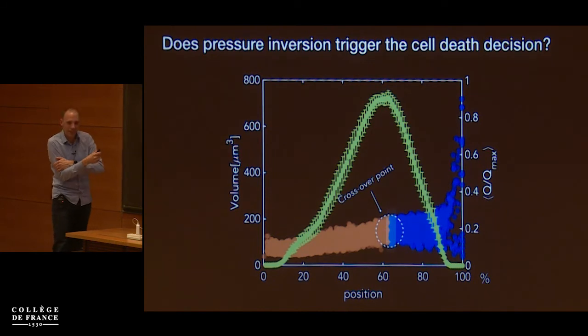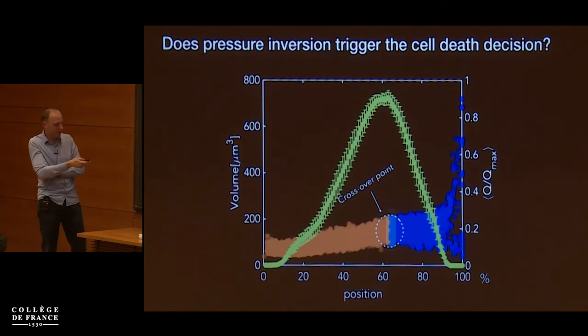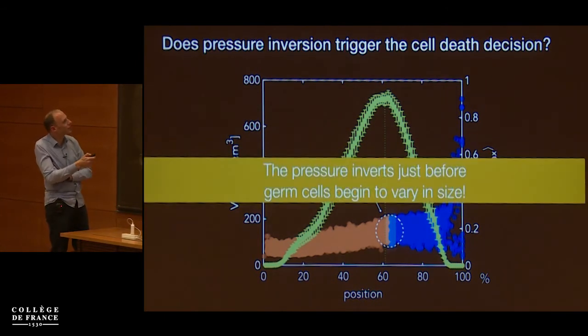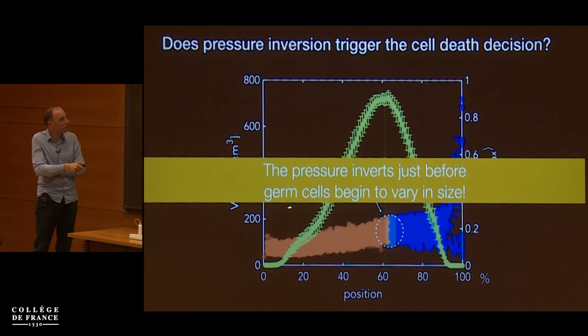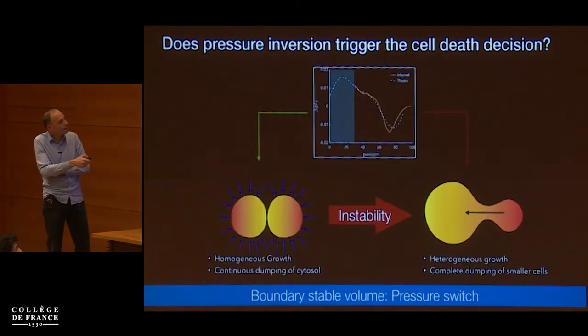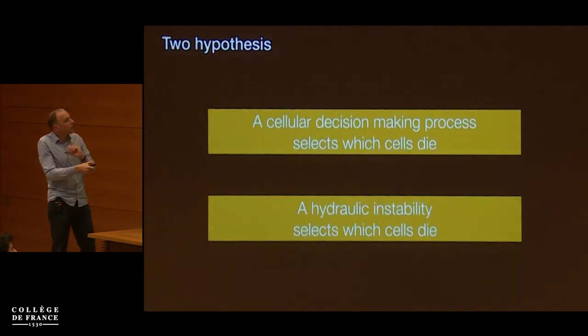Precisely when the flux inverts, when the pressure inverts, just a little bit later, the germ cells start to vary in size, and the distribution becomes bimodal and growth becomes heterogeneous. So pressure inverts just before germ cells begin to vary in size. All right, so that's some indication that we might have a switch from homogeneous to heterogeneous growth.